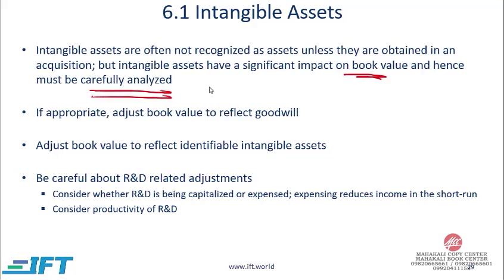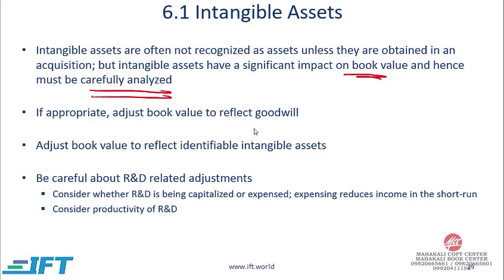So this might sound a little different from what you have seen before, but clearly if a company has grown organically and it has spent a lot on, let's say, advertising and brand building, those advertising costs will keep showing up as expenses. But if the company is building a brand, it will have goodwill.